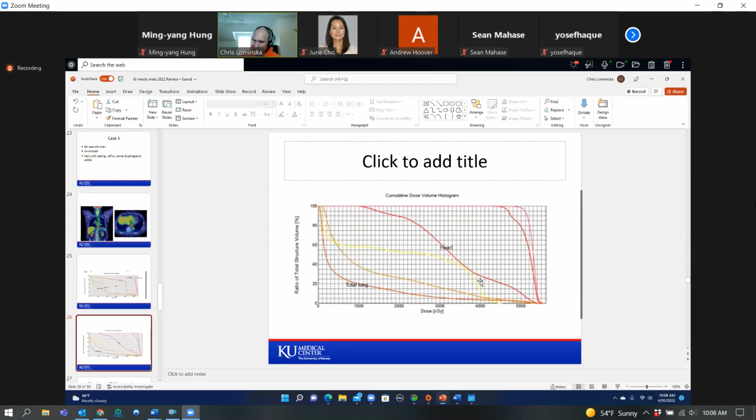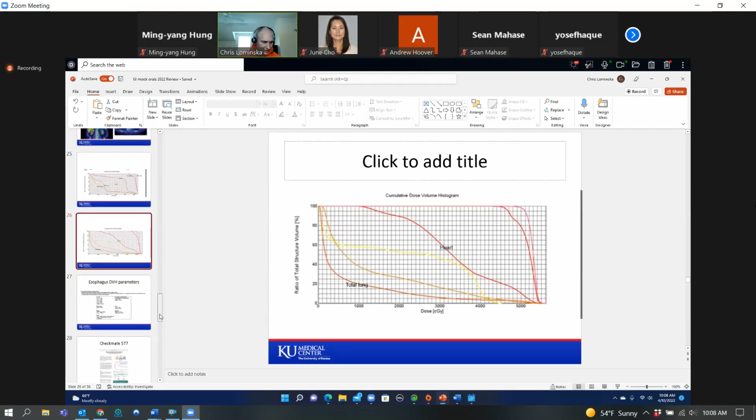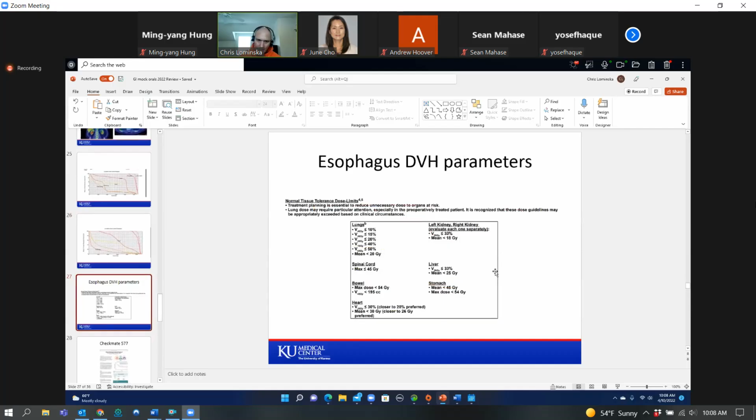I would broadly be familiar with those. I think any of them are acceptable. You could do an Ivor Lewis, a transthoracic esophagectomy, a transhiatal esophagectomy, but just be roughly familiar with what your surgeons do. I did put a set of DVH parameters in if you don't have something that you're already typically using.